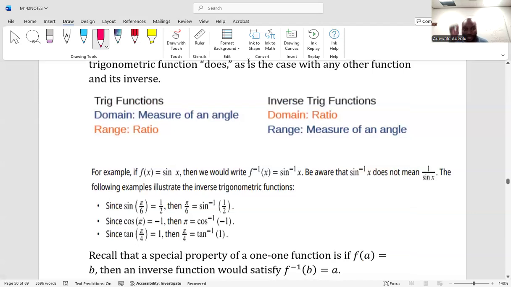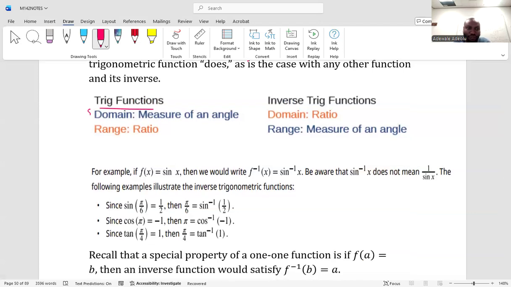Okay, now let us visit this. For trig functions, the domain is a measure of angle, right? Remember, let's say here is 0, pi over 2, pi, and so on. And we say here is -1, here is 1, and we draw something like this for sine and so on. And also for cosine, we can do the same.